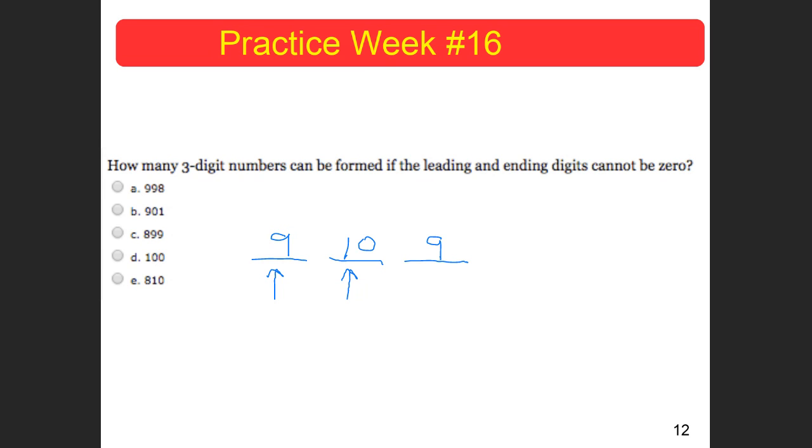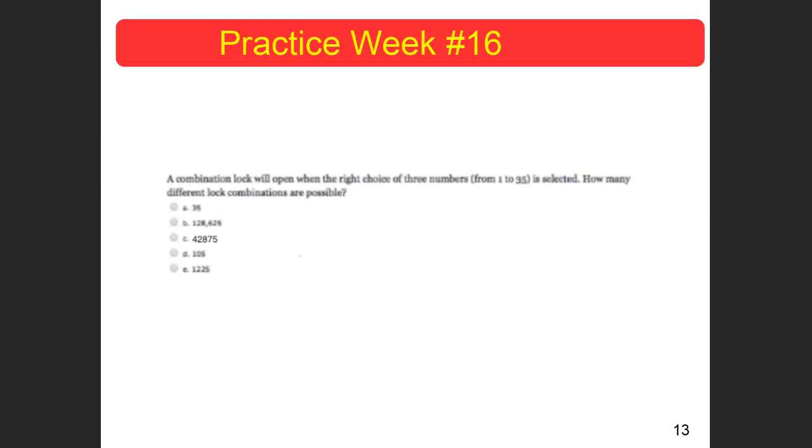So I just did 9 times 10 times 9. Is that 810? If my arithmetic is correct. So when I do problems like this, a lot of times I just use the fundamental counting principle to get my answer. Okay? So let's try another one.